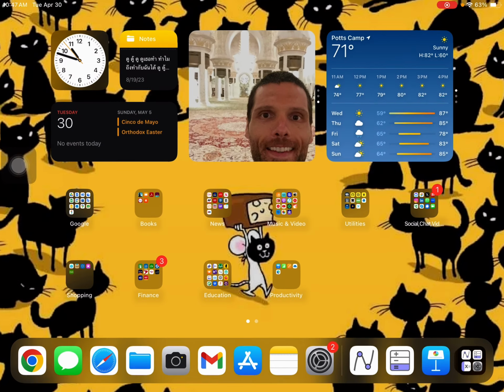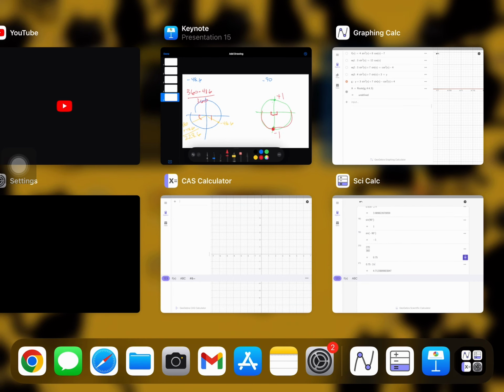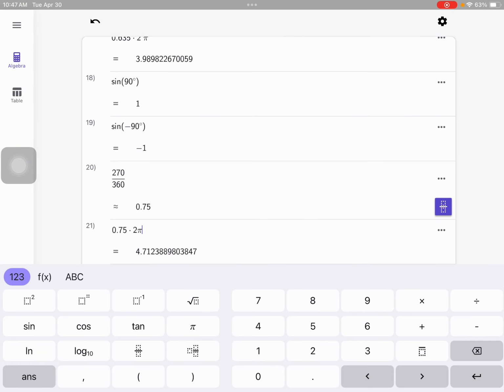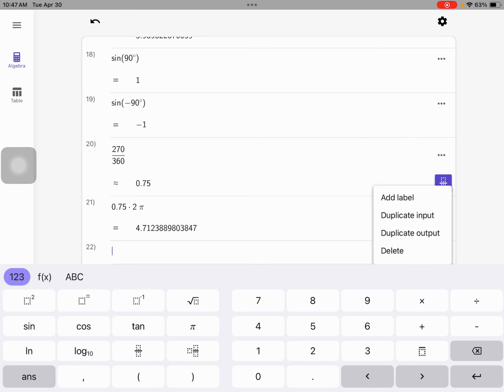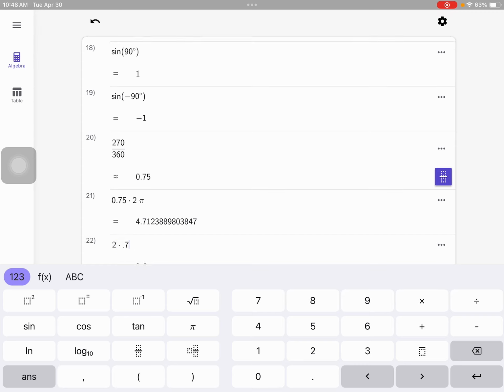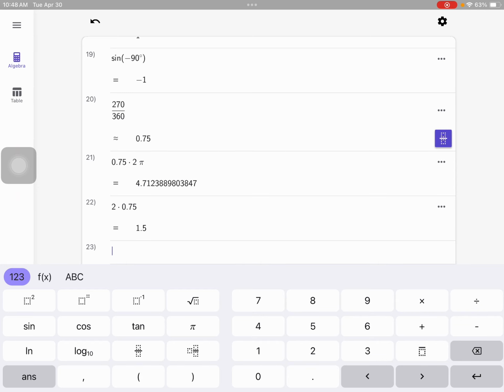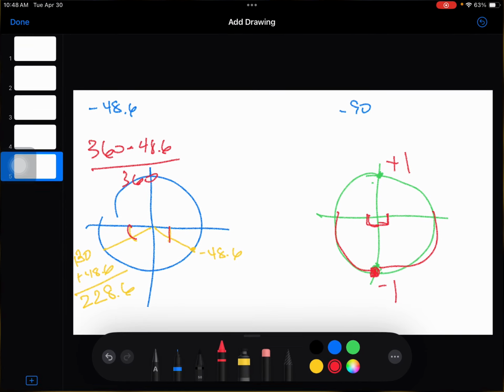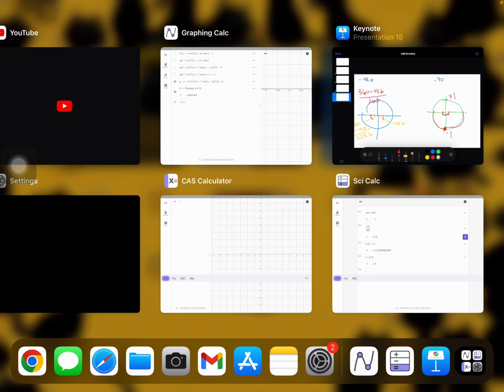Now let's see what we can do here. All right, so the Brits redeem themselves, if only just ever so slightly. Let me see if I can. 0.75 times 2 pi, 2 times 0.75 is 1.5, so 3 pi over 2, obviously. That's where we are here, 3 pi over 2.